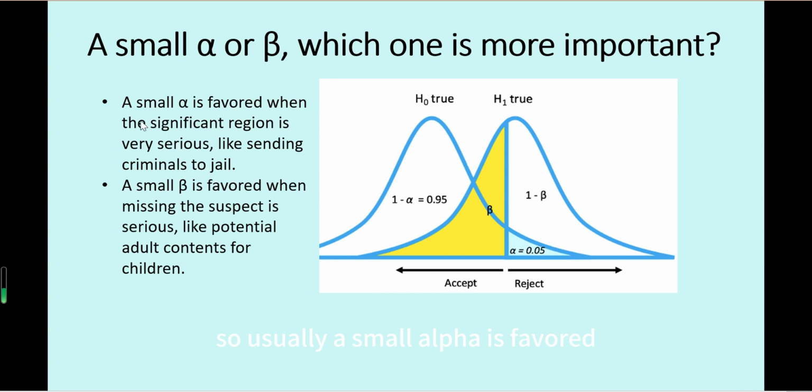Usually a small alpha is favored when the significance region is very serious. What does this mean? If you reject the null hypothesis and this area will be very important, very serious. For example, if you want to send criminals to jail, this is very serious, because if innocent people were sent to jail, it's very serious, right? The human rights, human beings are the most important.